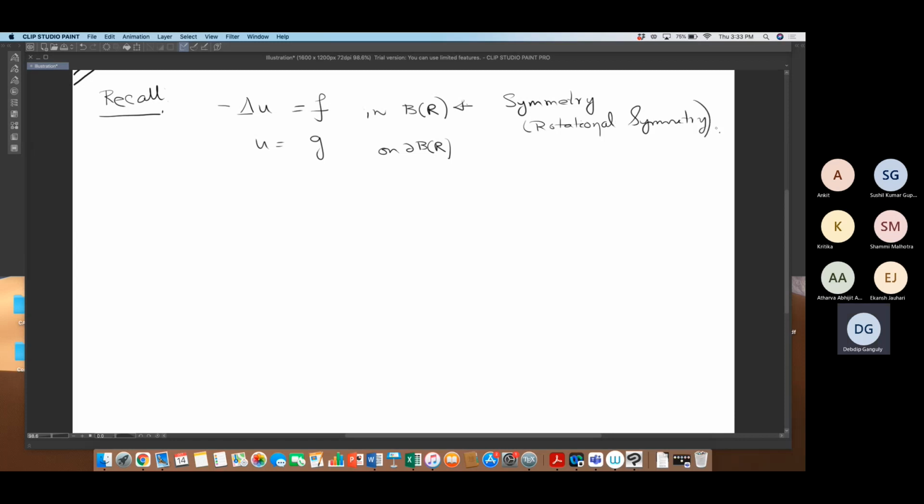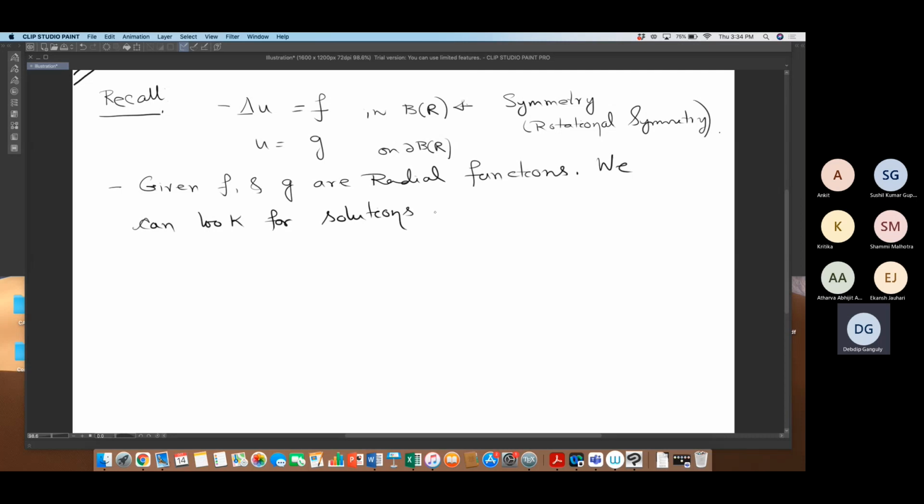Given that f and g are radial functions, we can look for a solution which is radial. So we are looking for a solution of this form, u of x is phi of mod x.